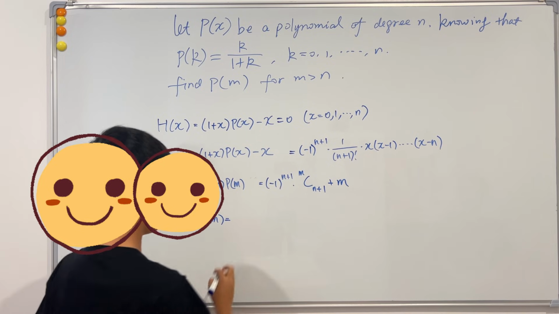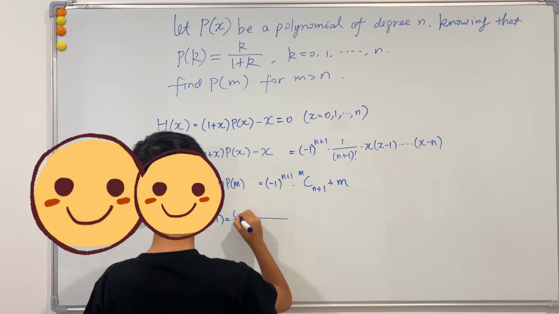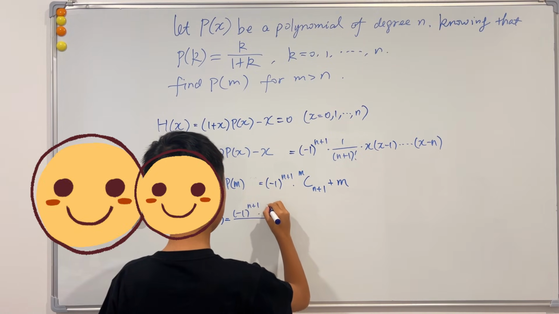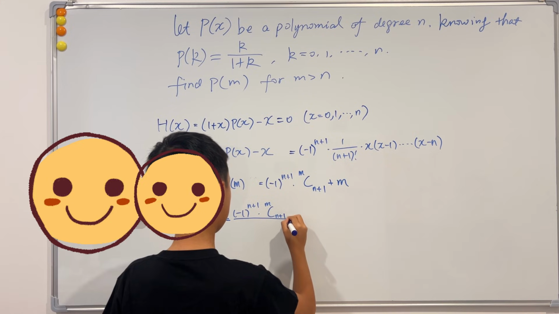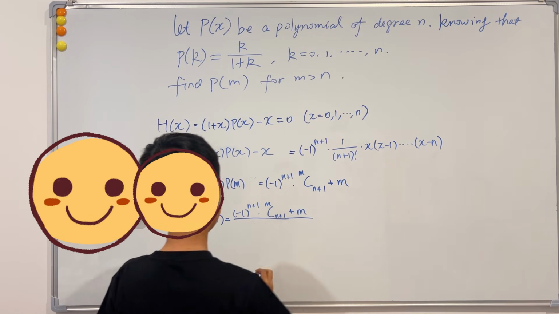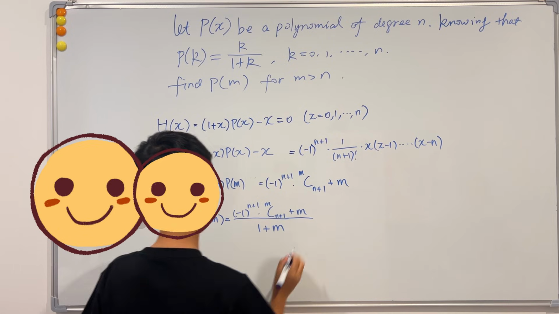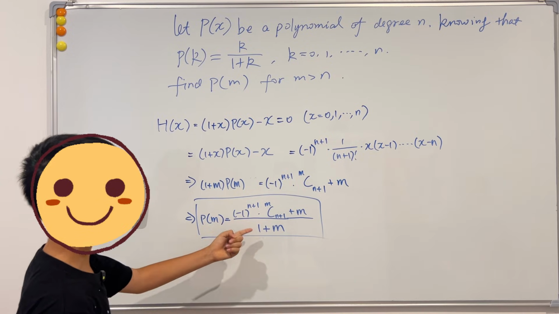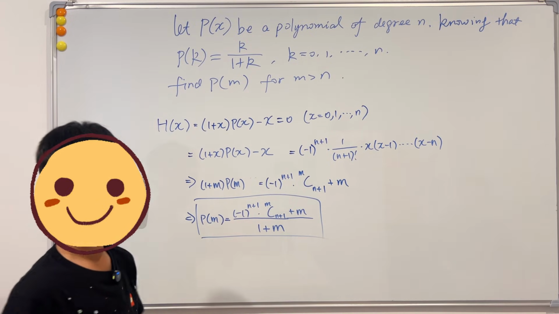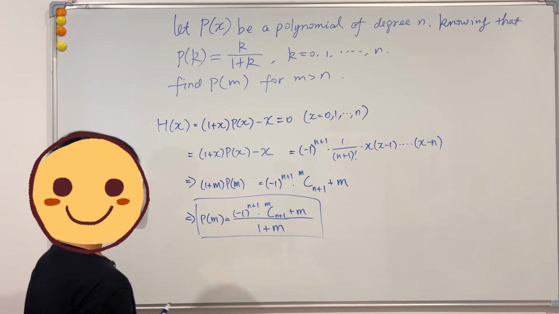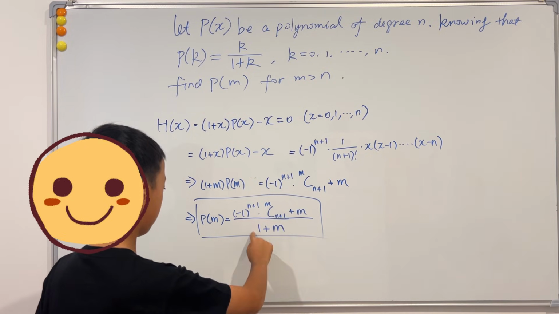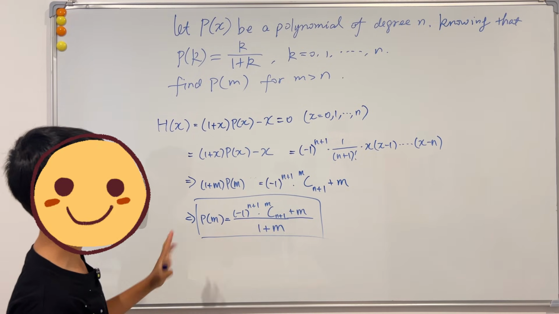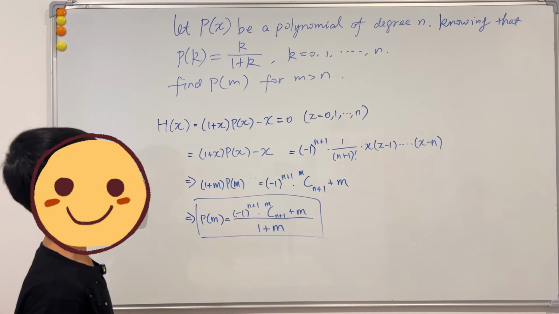So p of m is equal to this over 1 plus m. Now we see that this is very different from just m over 1 plus m, right? Well, it's sort of similar because we have m over 1 plus m here, but we have this extra stuff. So this is the final answer to this very interesting problem.